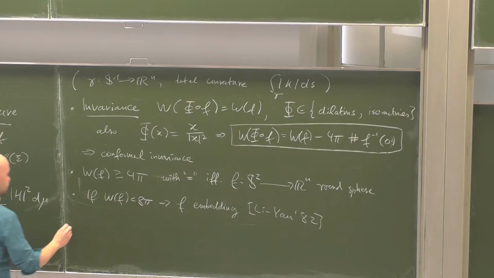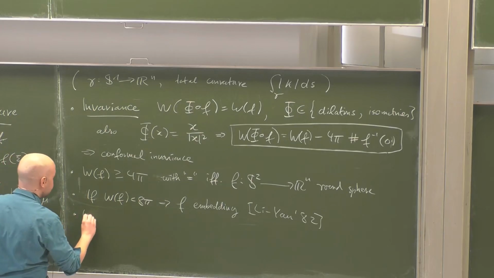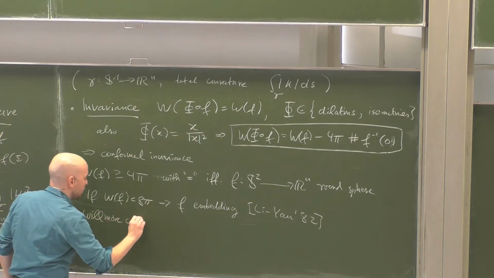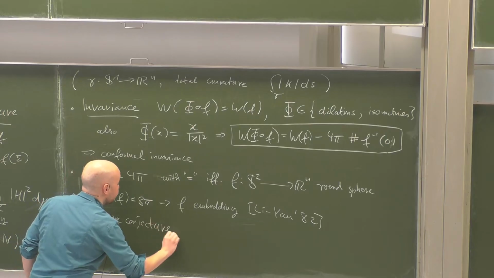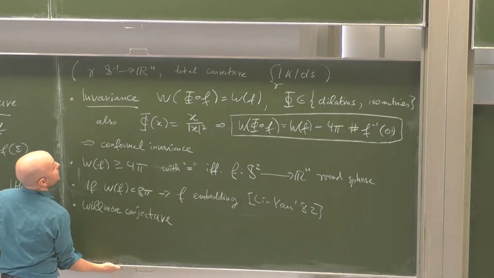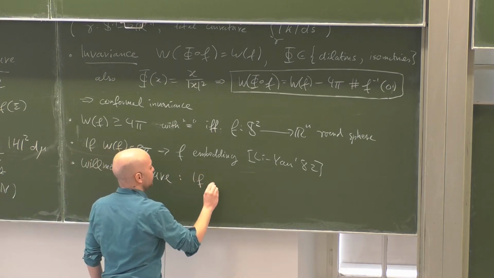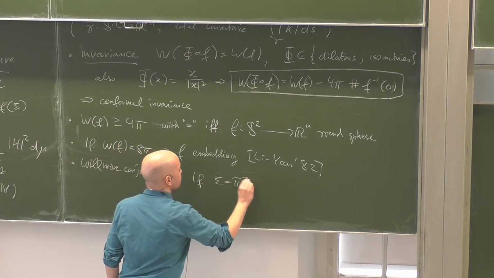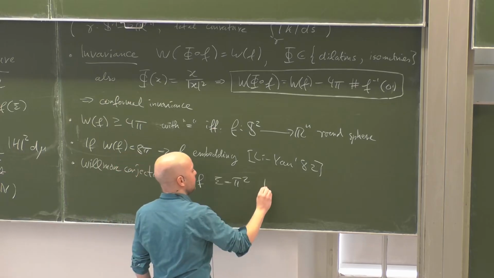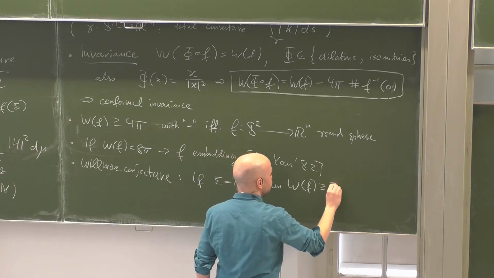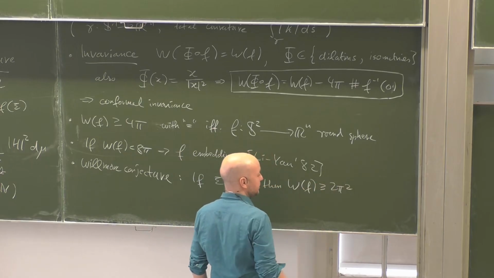The last thing I want to mention here is, of course, the Willmore conjecture, which is about minimizers among tori. So if sigma is a torus, then the Willmore energy of any immersion is bigger than 2 pi squared.